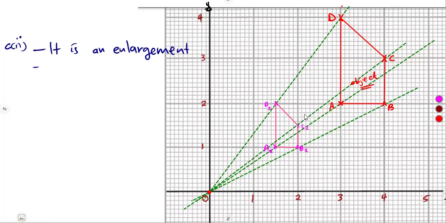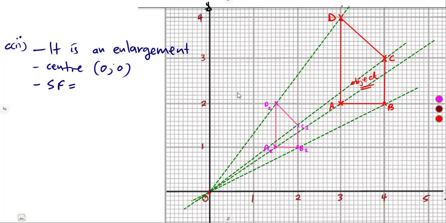When I joined them, you don't discuss that. Don't even write it. Answer the question: it is an enlargement. Full stop. The next thing, on the properties, is the center. So the center of enlargement is what? 0, 0, about the origin. So you can write center (0, 0) or center about the origin. Then the scale factor at the end.